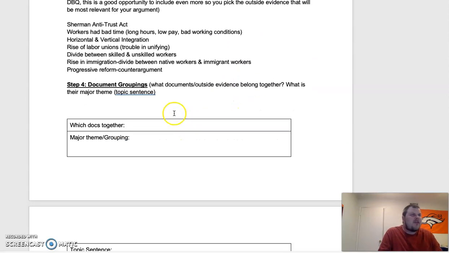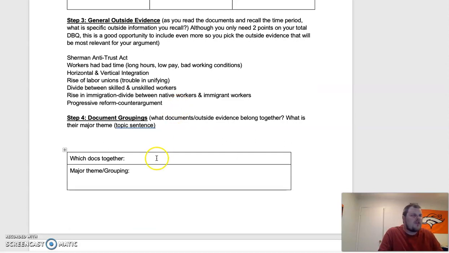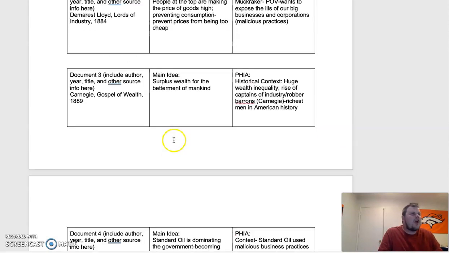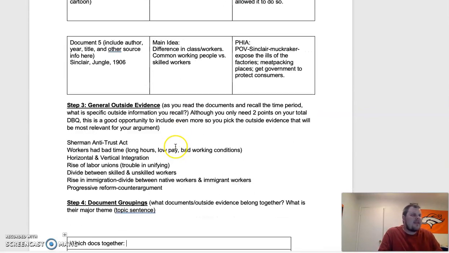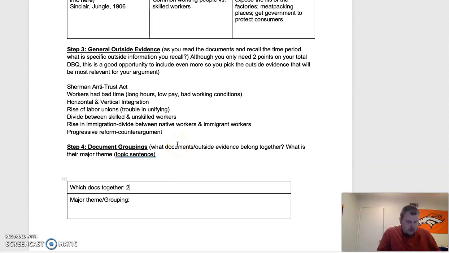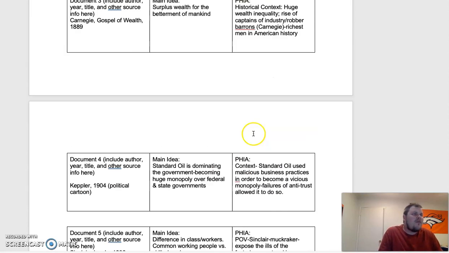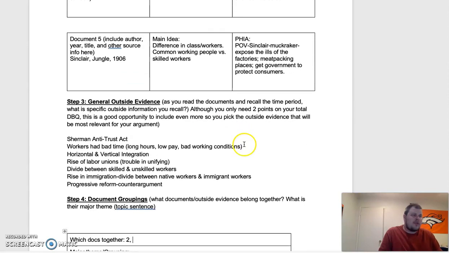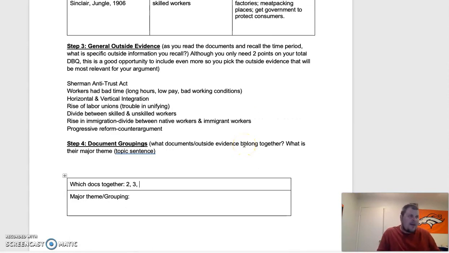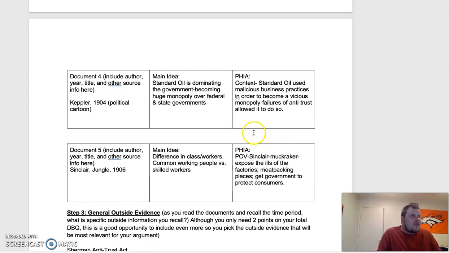And I think that's really where this is going, and I think this is going to help me be effective. So if I look at these documents and start with the rich, I'm going to say document 2, definitely looking at the ill practices of the rich. Document 3, absolutely. Again, it's from Carnegie, but it's more positive about what the rich should do, but it is shedding light on the fact that most rich did not do this, and also that they had extreme wealth. Then document 4.